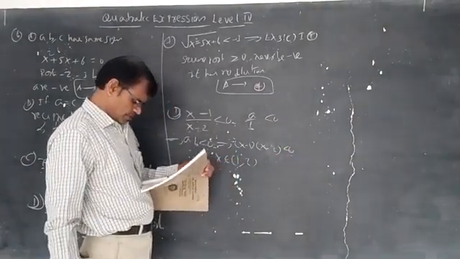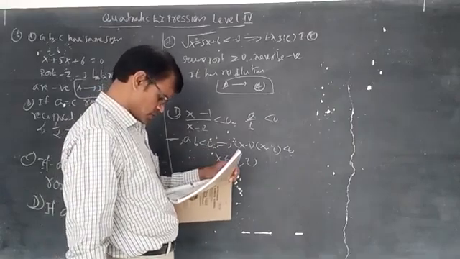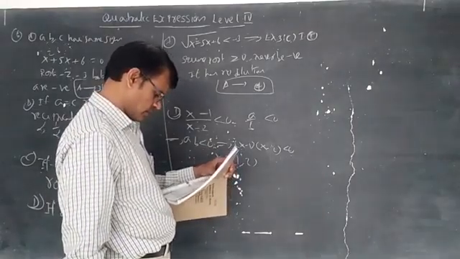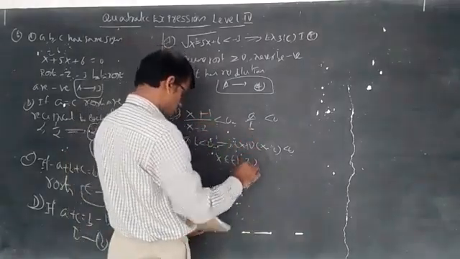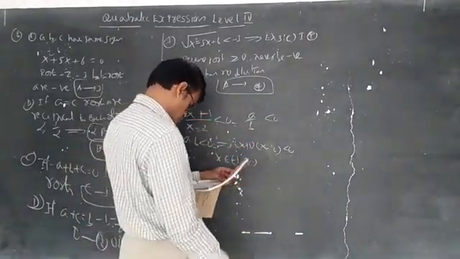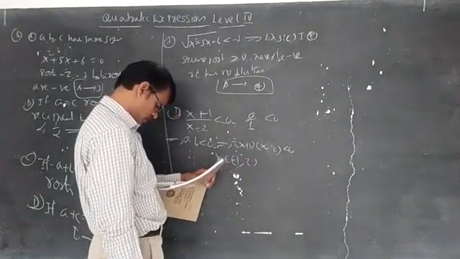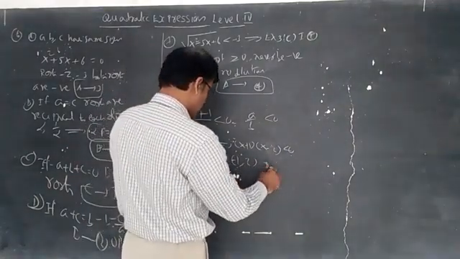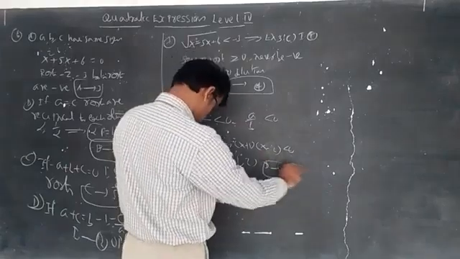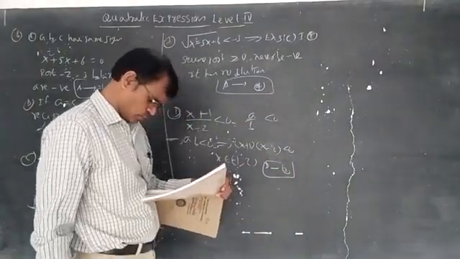No, it is plus 1. So x belongs to open interval minus 1 comma 2. Option 2. For d it is 2. Two options are there once again.